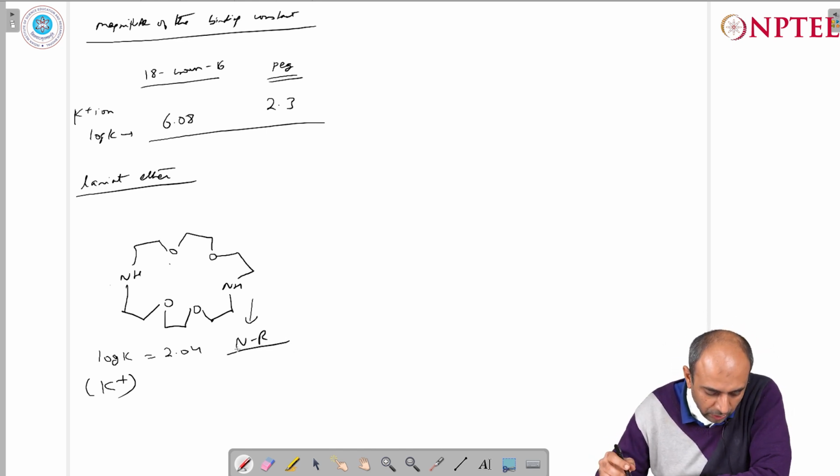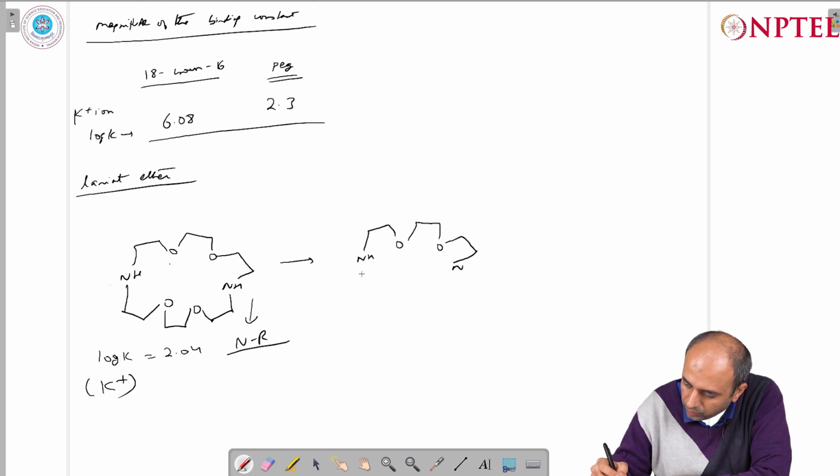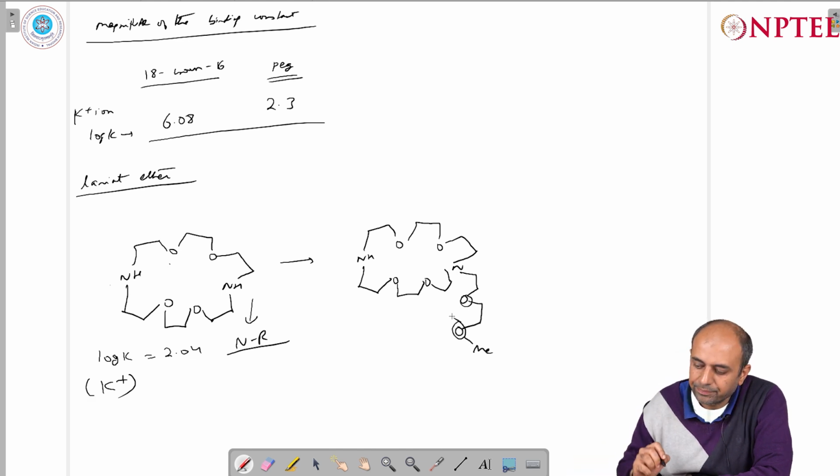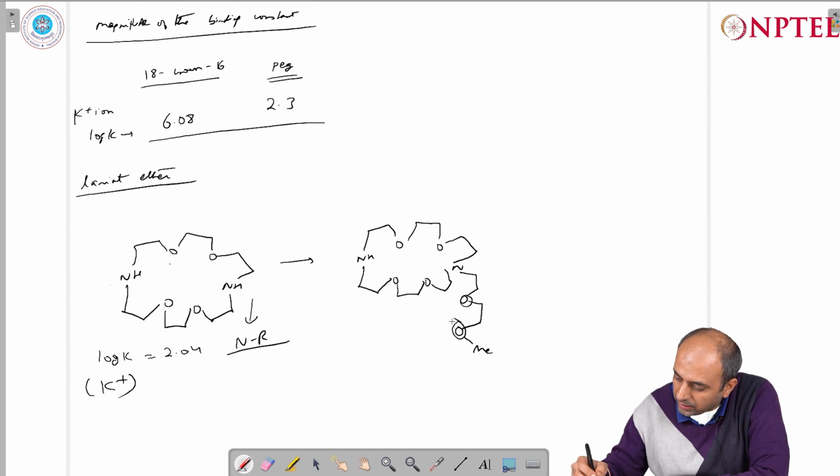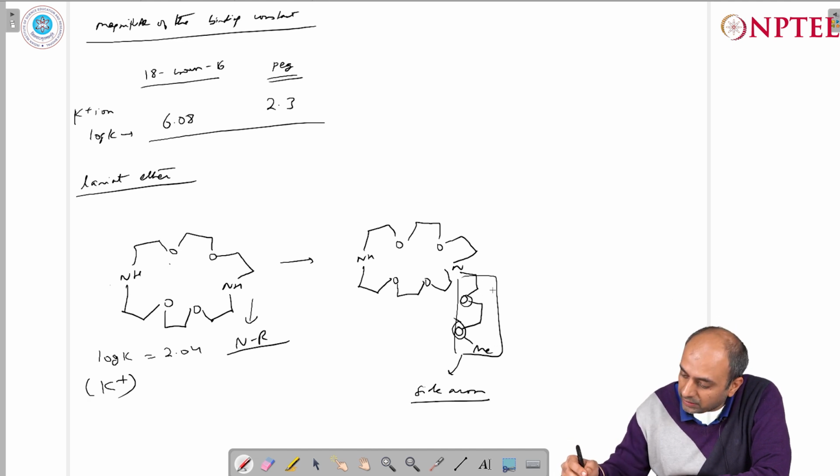If you do this chemical modification, you have increased the number of donor atoms by 2. Now the side chain, or side arm, is of a flexible nature but has 2 donor atoms.